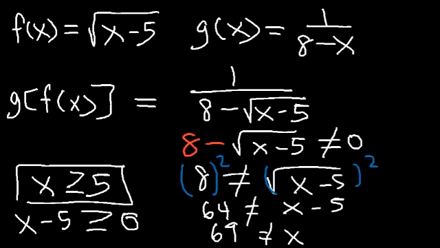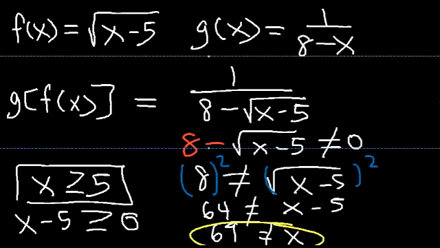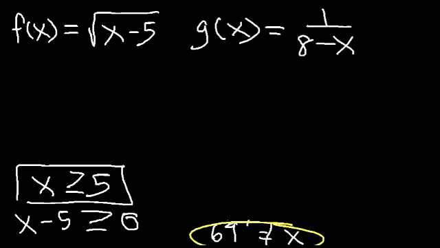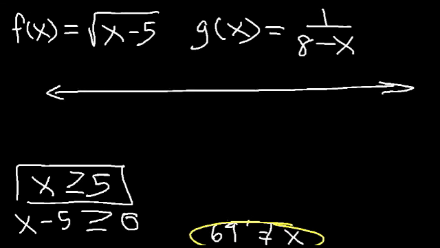So now, how can we combine these two restrictions? We see that x can't be 69, and x has to be greater than or equal to 5. So before we write the answer using interval notation, let's plot the solution on a number line. It helps if you do it that way.